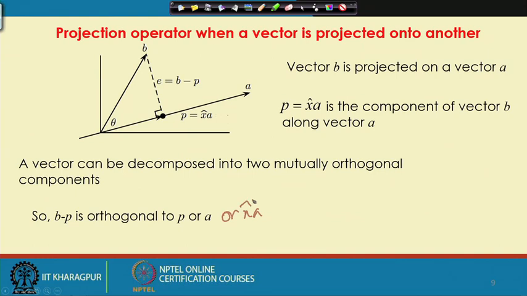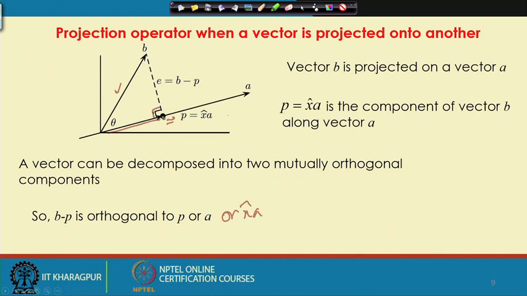So, what did we do? We had a vector B, we projected it onto A, and this is P is equal to x A, and they are perpendicular to each other: the projection and the component which is left out. What is left out? We take the original vector, subtract the projection out of it, and that is the component which is left out. This must be orthogonal to the projection.